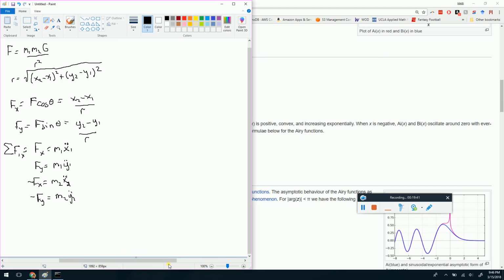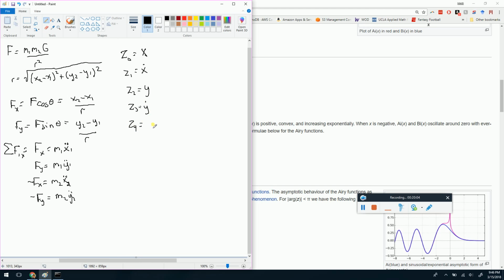Alright, so our z0 I'll take to be, and we can choose any order, x. And z1 will be x dot. And we don't need an x double dot, so let's just do y. Z3 will be y dot.